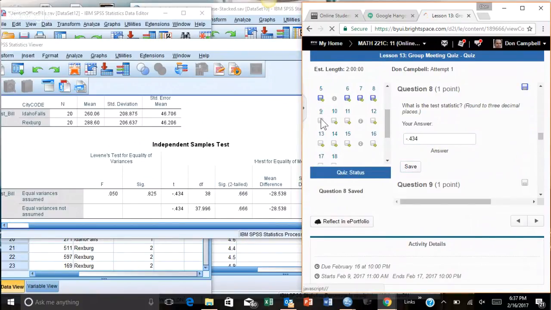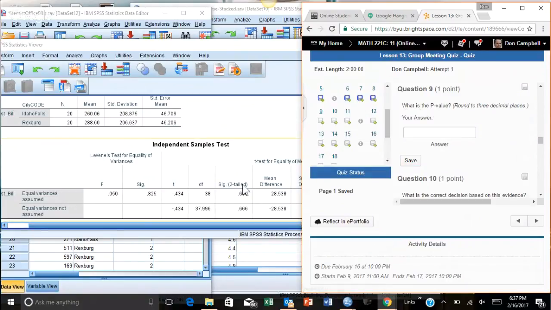Okay, and what is the p-value? That is this here. And you half it, right? Well, if it's a one-tailed test, I don't think you half it. It's only if it's two-tailed, because you have to have one half for one tail and one half for the other tail. So I don't think we half it this time.